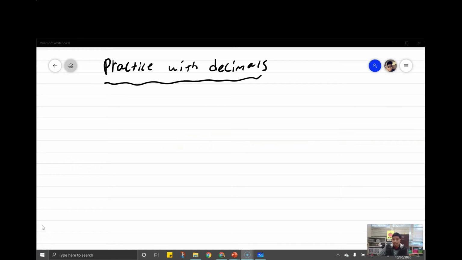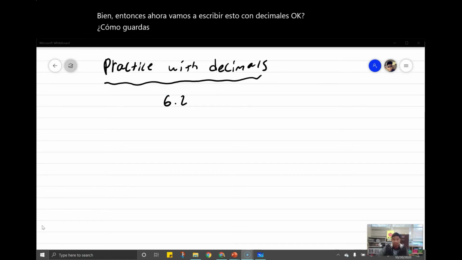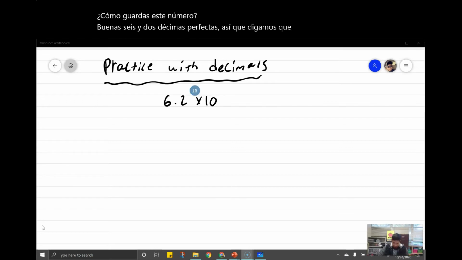Okay, so now we're gonna practice with decimals, okay? So we have, how do you say this number? Good, 6 and 2 tenths. Perfect, okay? So let's say I'm gonna multiply by 10, okay?